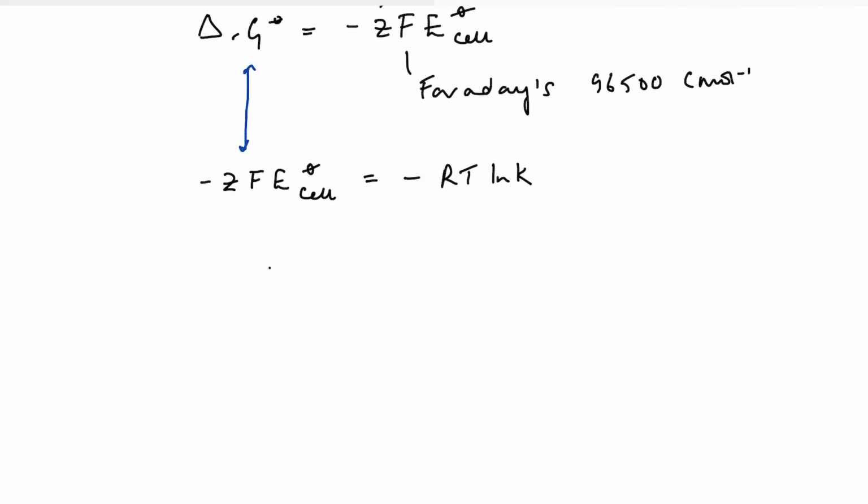This is where it actually becomes useful. Ln K is equal to ZF over RT times E cell. So if I know E cell, then I can actually calculate a value for the equilibrium constant, which will tell me where the position of equilibrium lies in this particular reaction. How clever is that? So let's move on and have a look at a sample calculation.